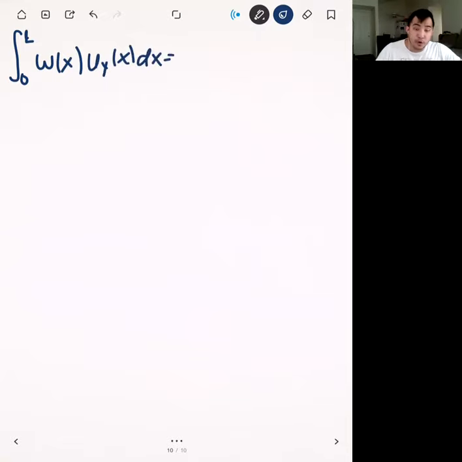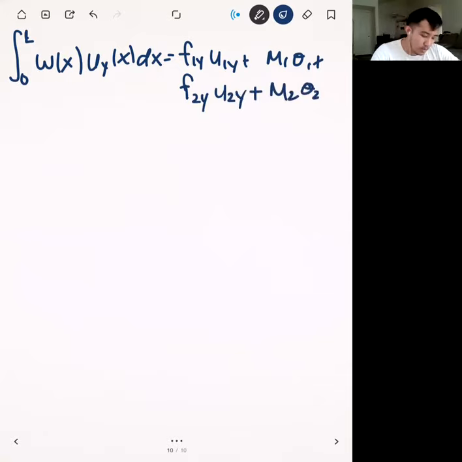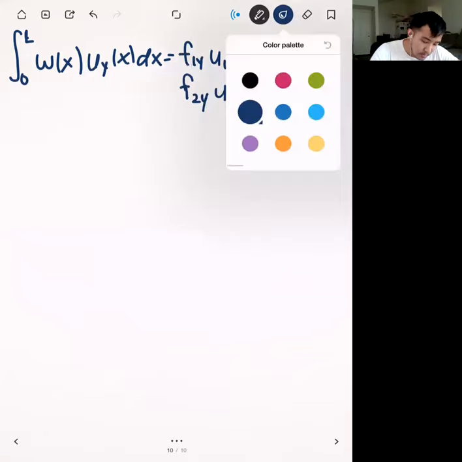This is equal to the corresponding nodal load: f1y u1y plus m1 theta 1 plus f2y u2y plus m2 theta 2. Let's plug in our expression for uy of x and multiply it by w of x.